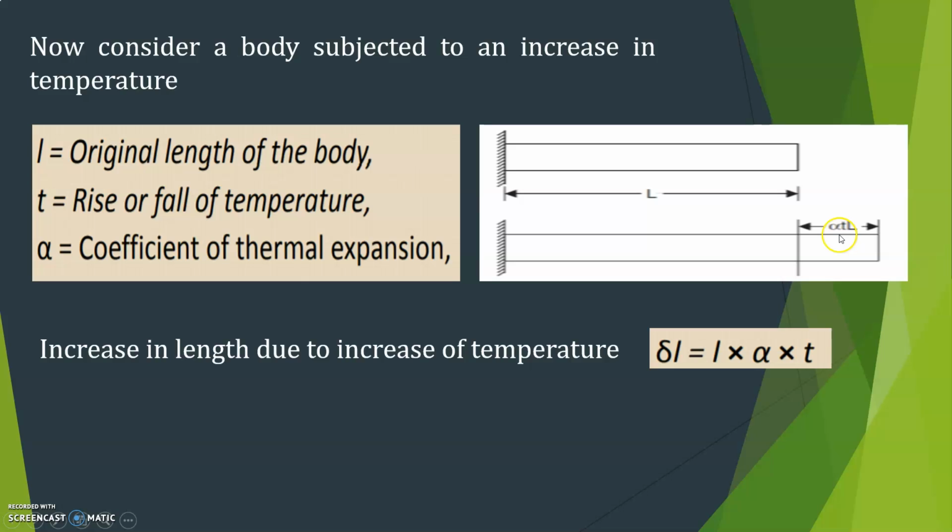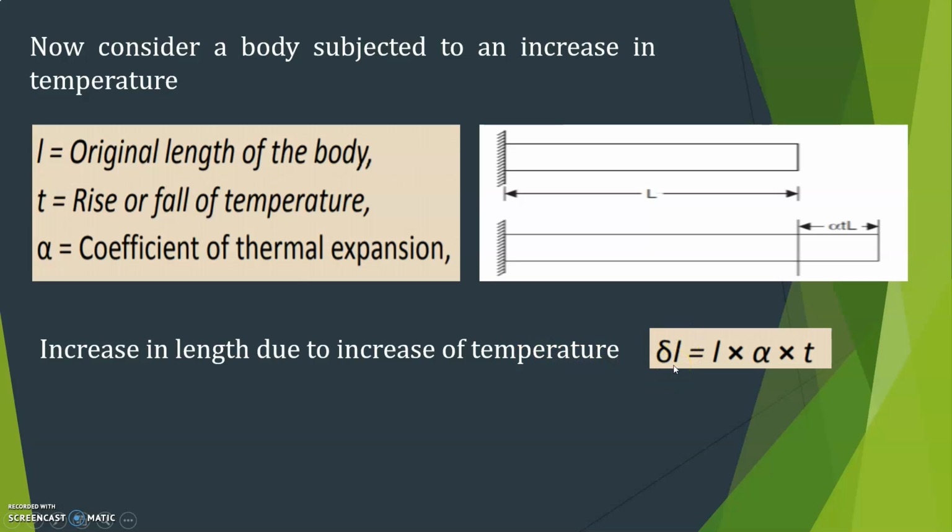This extension is given by alpha into T into L. Here L is the original length of the body, T is the rise or fall of the temperature, but in this case it is the rise, and alpha is the coefficient of thermal expansion. So how can you write the increase in the length due to increase of temperature, delta L?